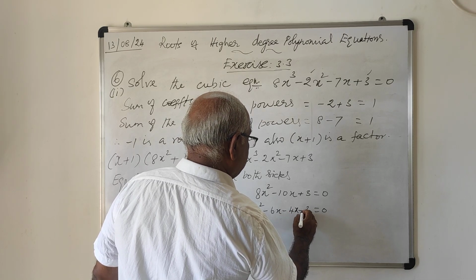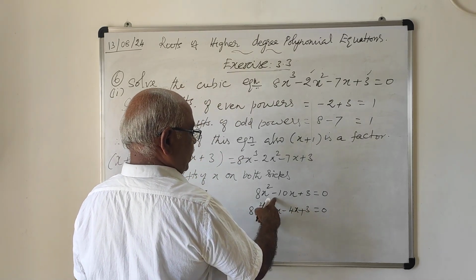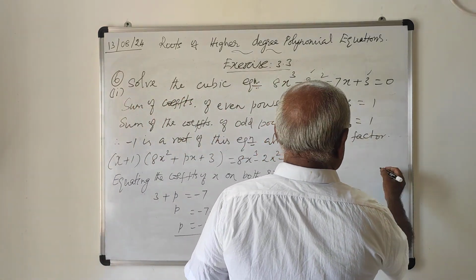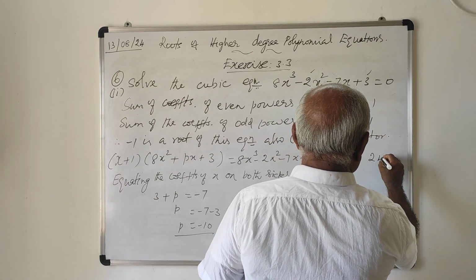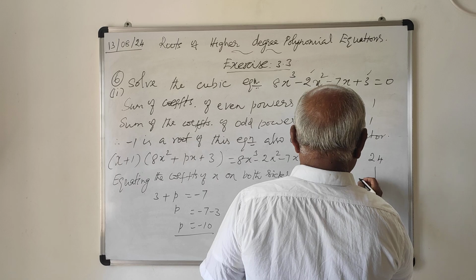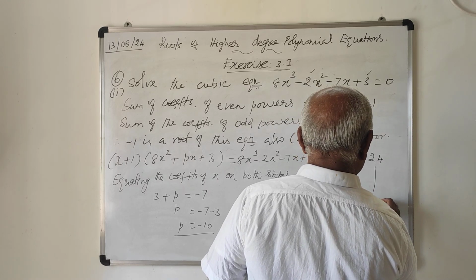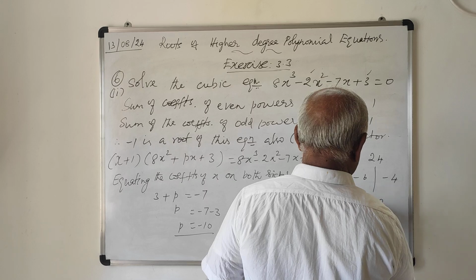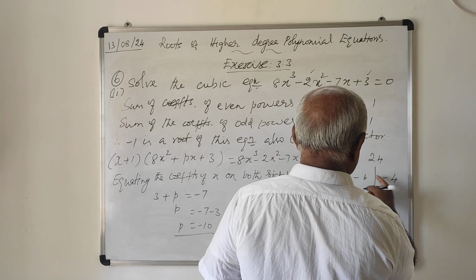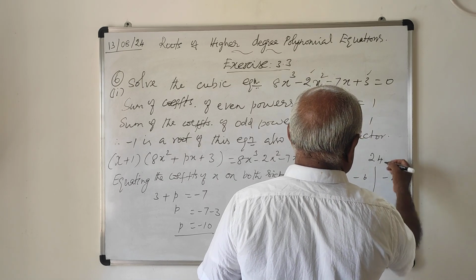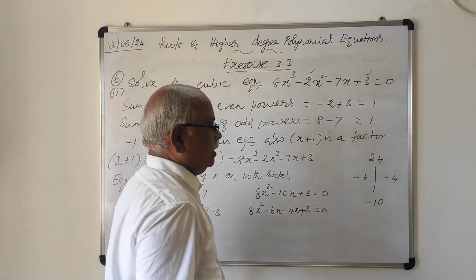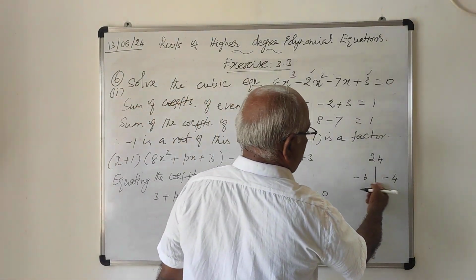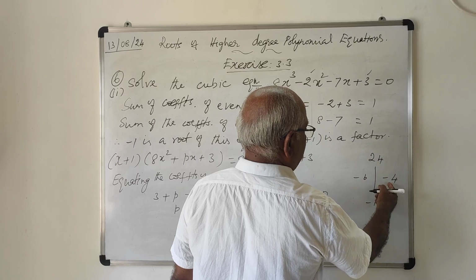Yes, it's correct. Minus 6 minus 4 is minus 10, and minus into minus plus, 6 4s are 24. So you have to split this minus 10 such that if you add the two you get minus 10, and if you multiply the two you get 24.